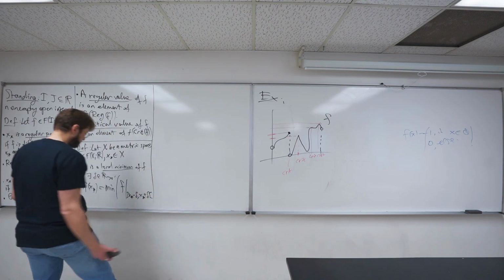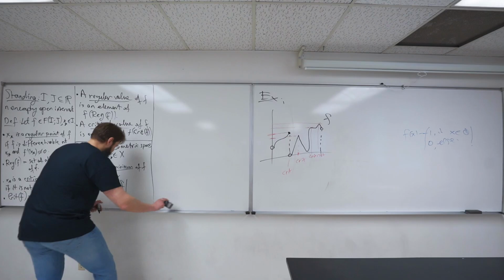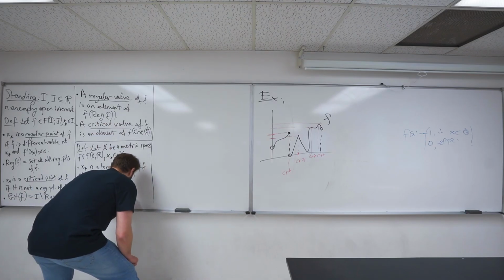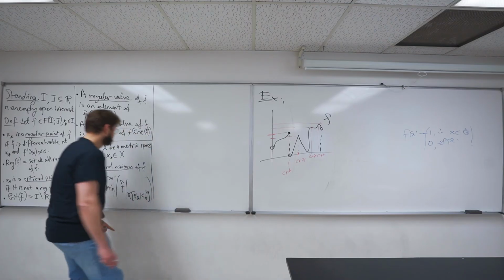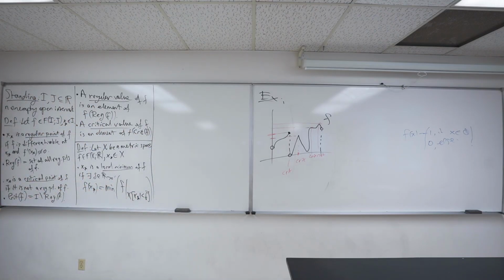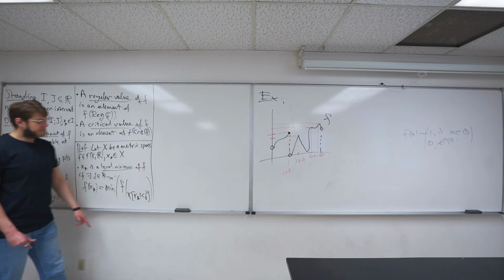Sorry, in our notation, this should be the set of all points x such that the distance to x star is less than delta.